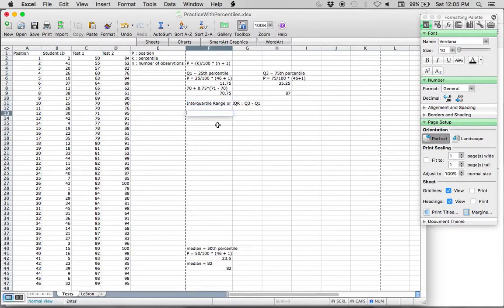In this case, we just take Q3, so 87, and subtract Q1, 70.75, and we get 16.25 is the IQR.